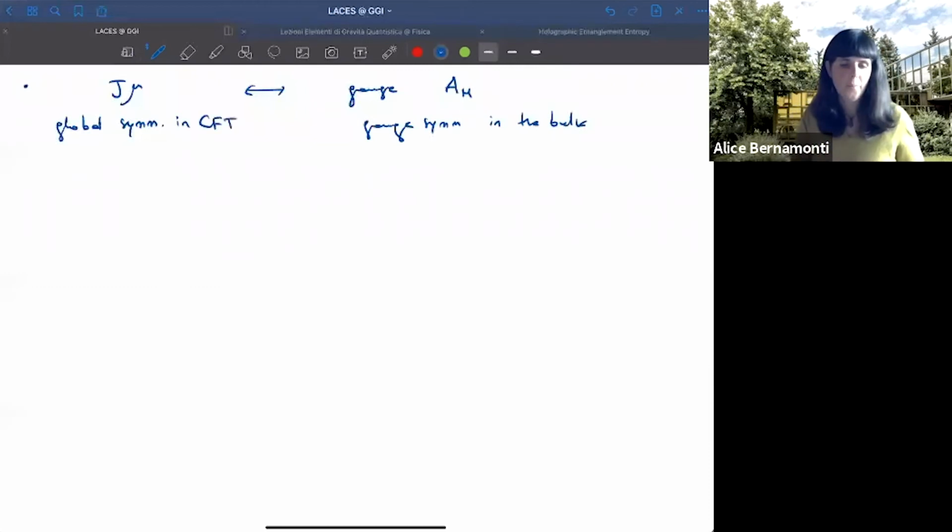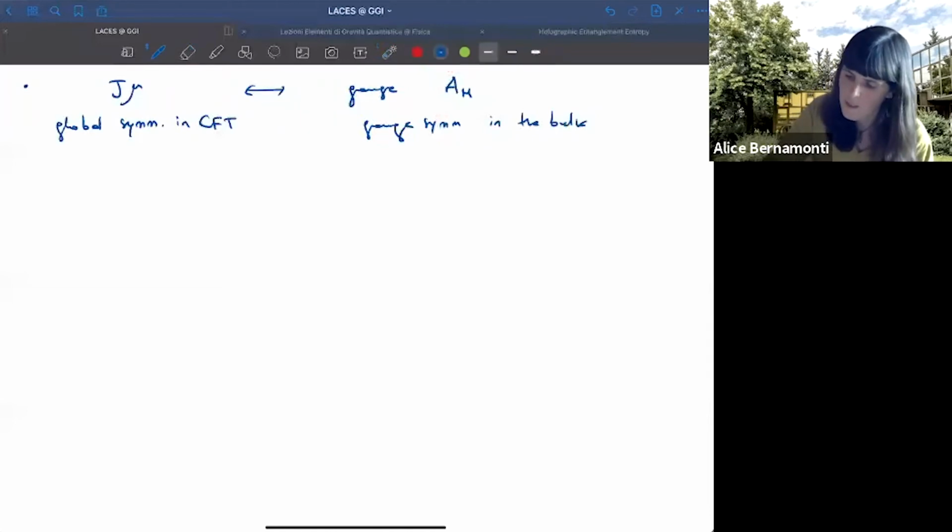And similarly, if we turn on a deformation, a source for this current in the boundary theory, this source corresponds to the boundary value of the dual gauge field.